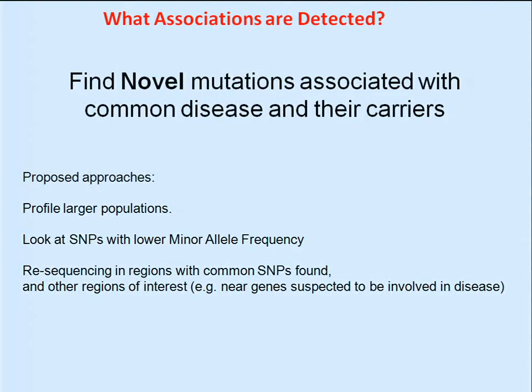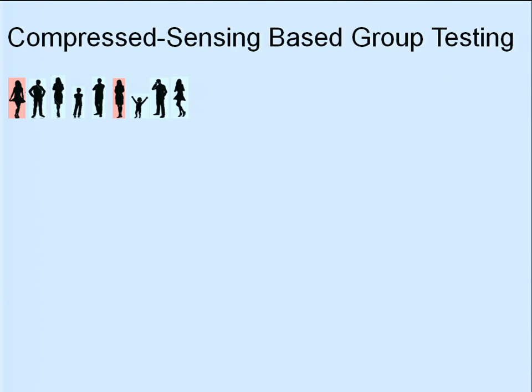You want a large population with lower frequency, and some regions of interest for research. In both applications, it doesn't matter if the mutation you're after is known or you're trying to find new mutations in some region. The mathematical problem is the same. You have a set of regions and you want to find the mutations.